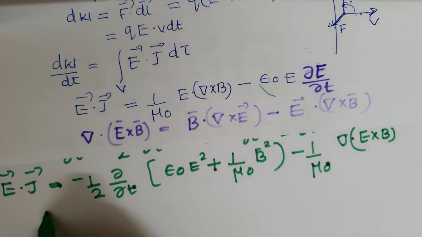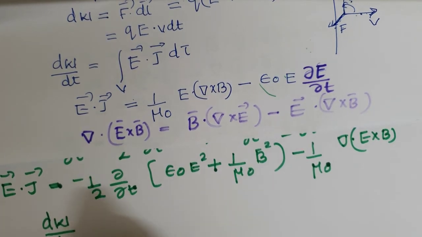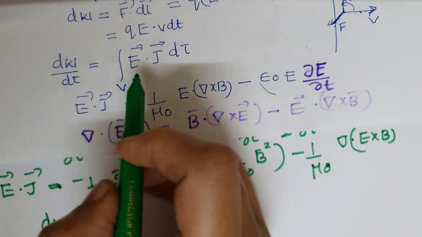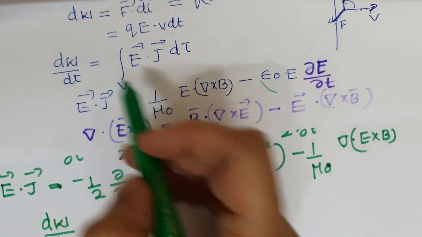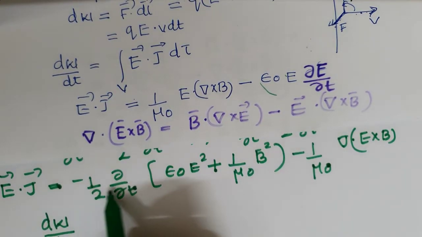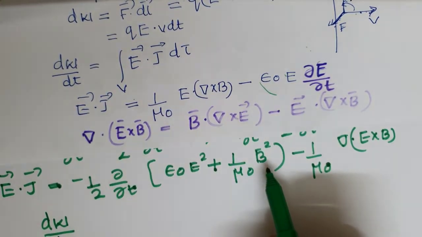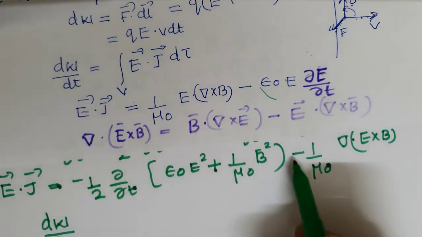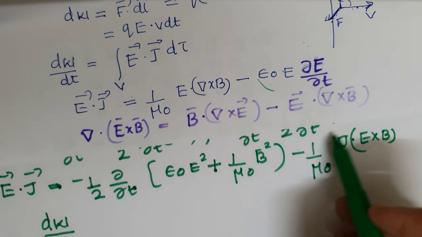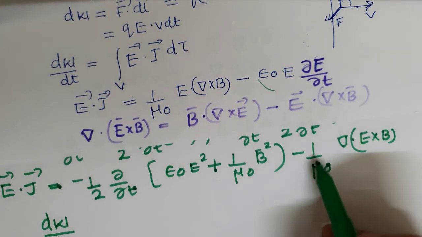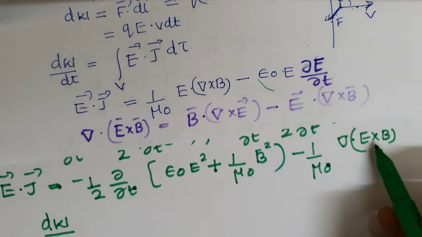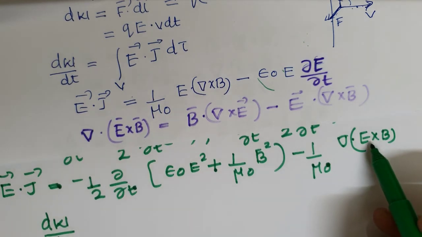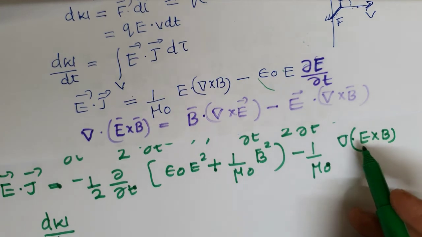In the second term we get this quantity. So here the volume integral of 1 by mu 0 del dot (E cross B) can be converted into a surface integral according to the divergence theorem.